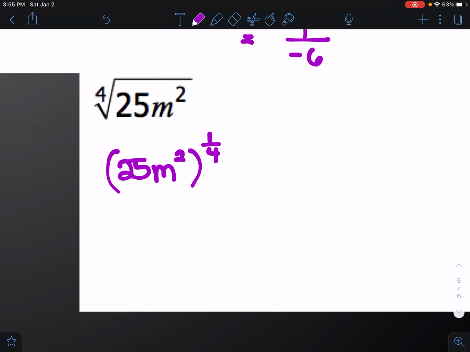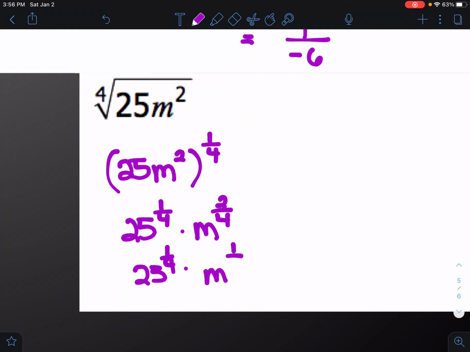Okay, and then now you want to distribute the 1/4 to both of these. And then you could simplify this second one, so I have 25 to the 1/4 times m to the half.